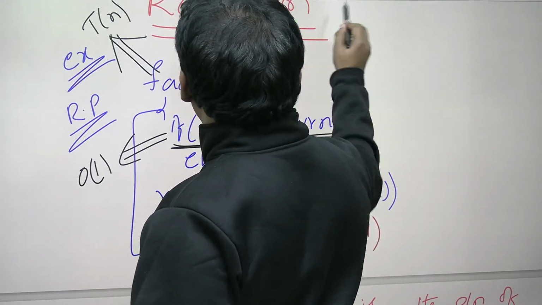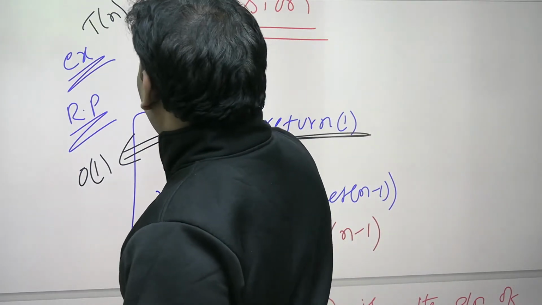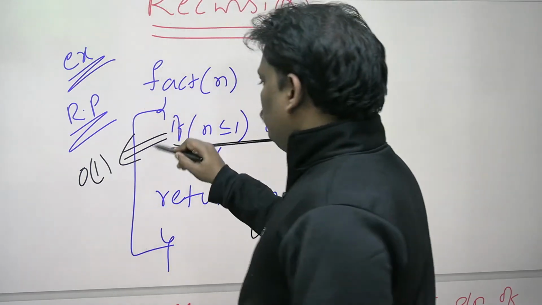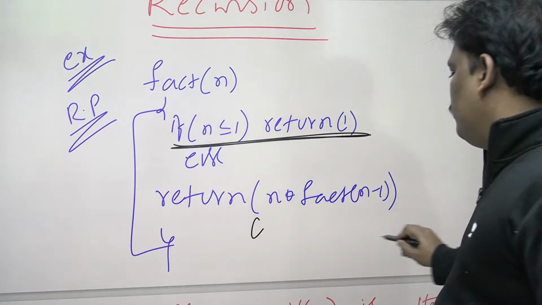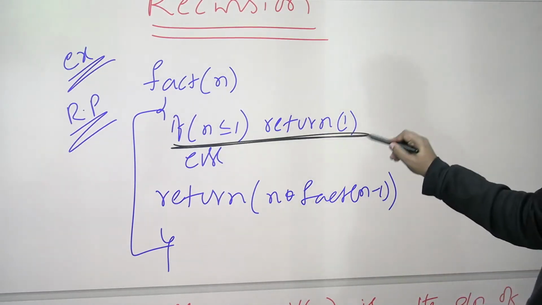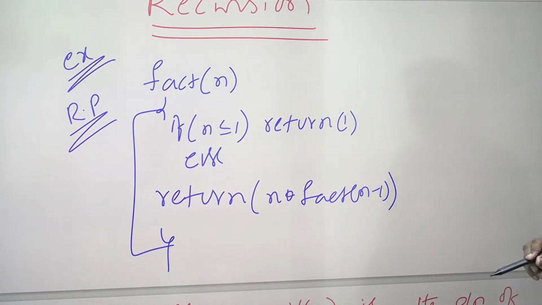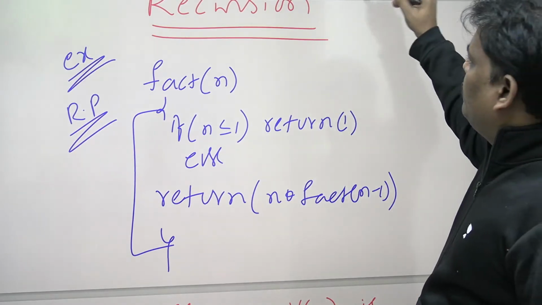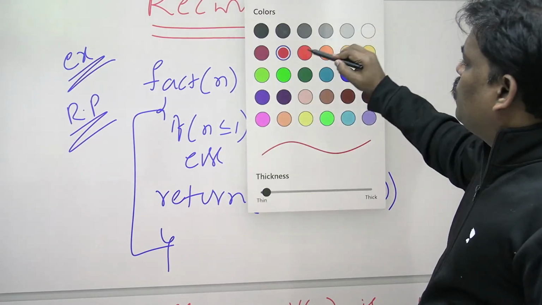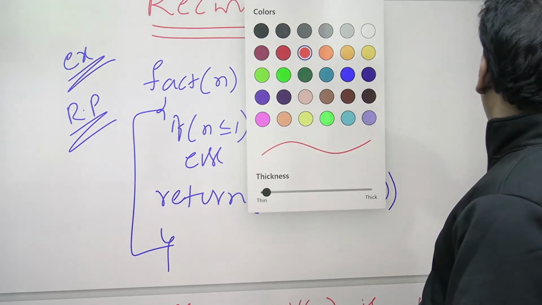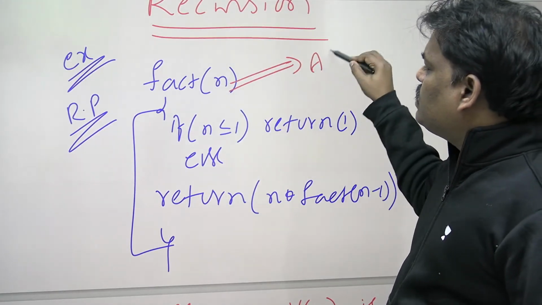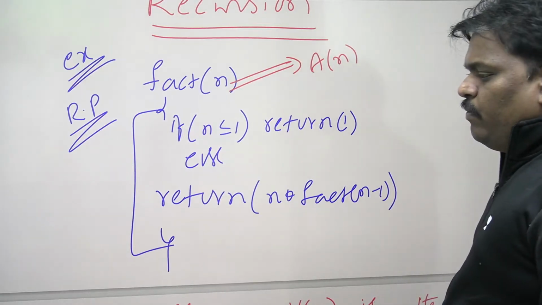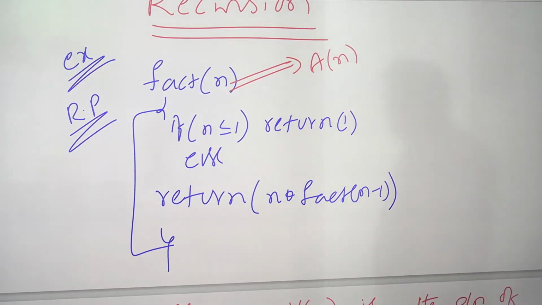Just let me remove unnecessary things, otherwise it will confuse you. See this program. Everyone listen. In this program, if you observe carefully, fact of n has number of additions A of n.